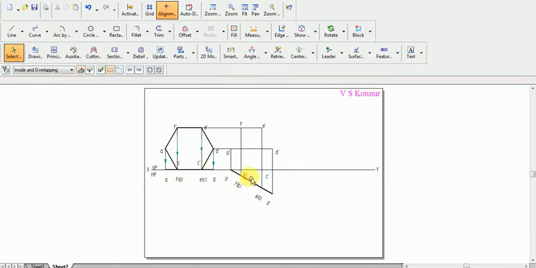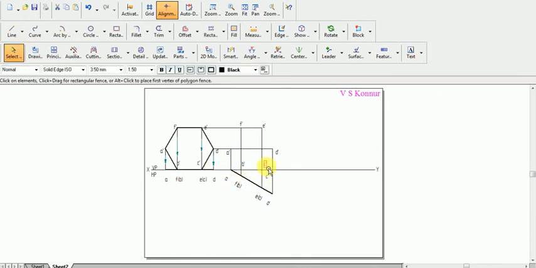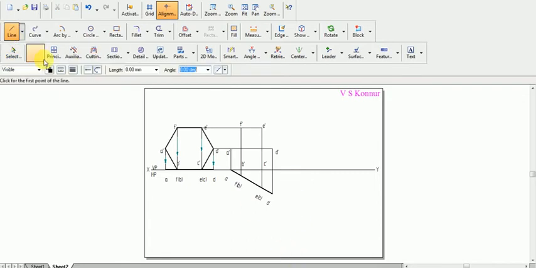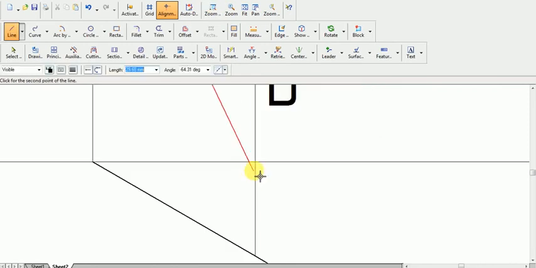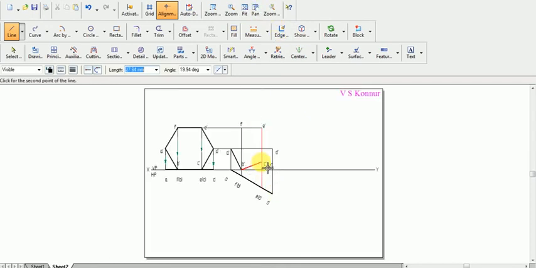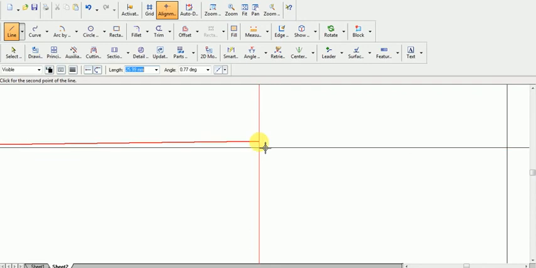Now we'll join all the points with 0.5 mm. First A to B, we should get the intersection point. If you are not getting the symbol, select both, then it is directly on that line.